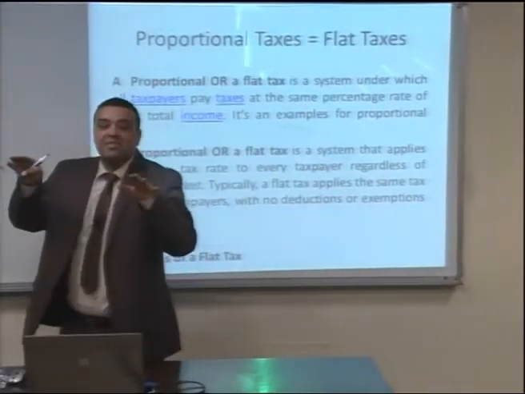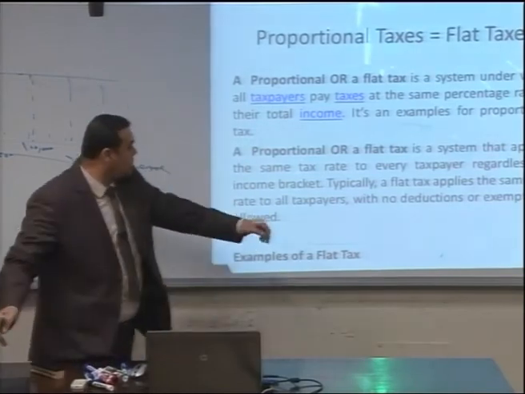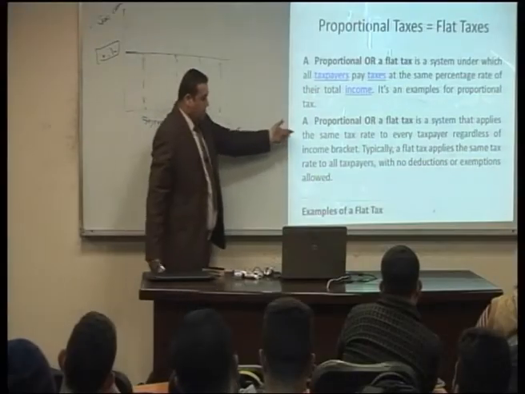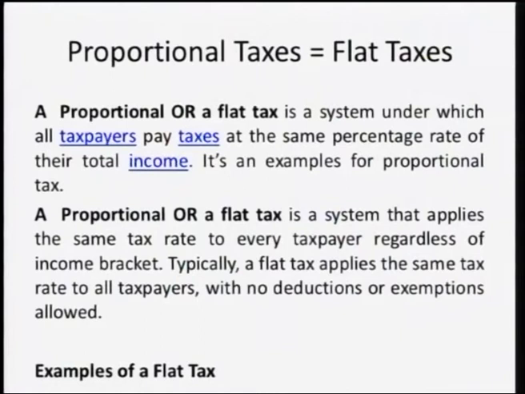They have to pay the same tax rate. A proportional or a flat tax is a system that applies the same tax rate to every taxpayer regardless of income brackets. There are no brackets here. There is no classification for the brackets and applying different tax rates. Here we have a lump sum.